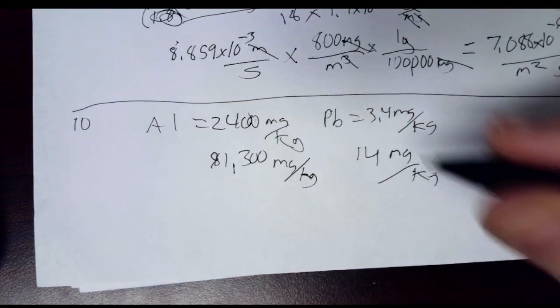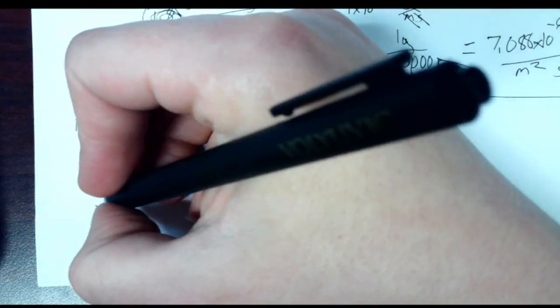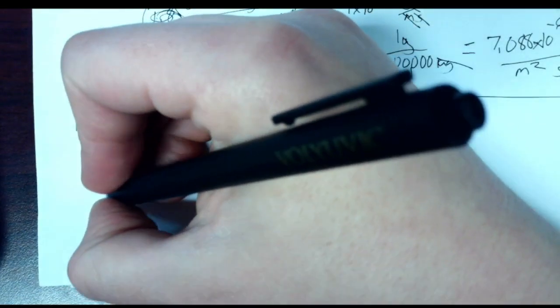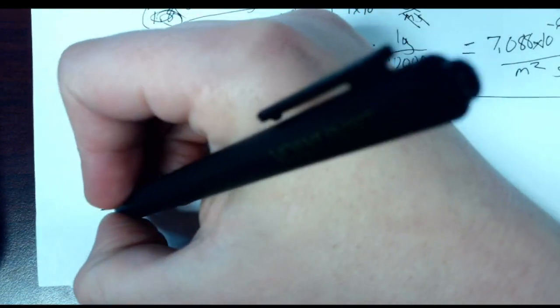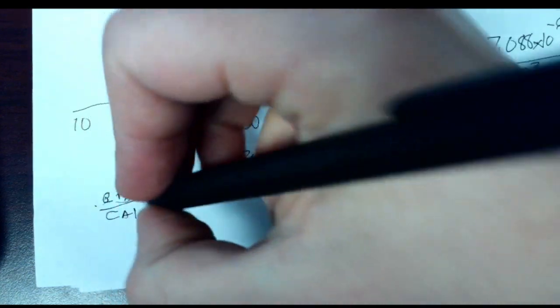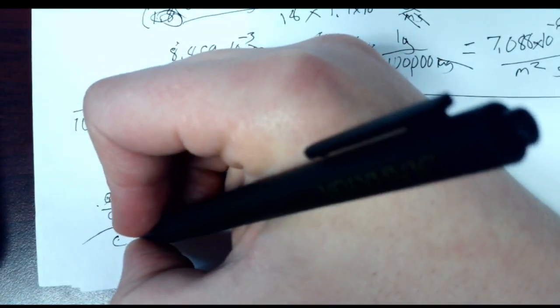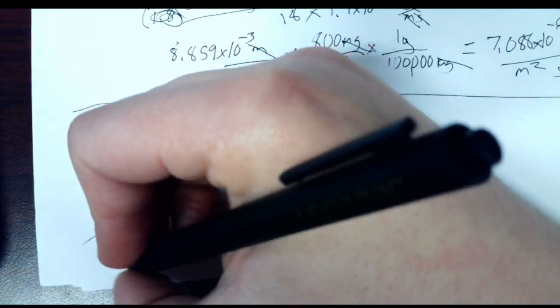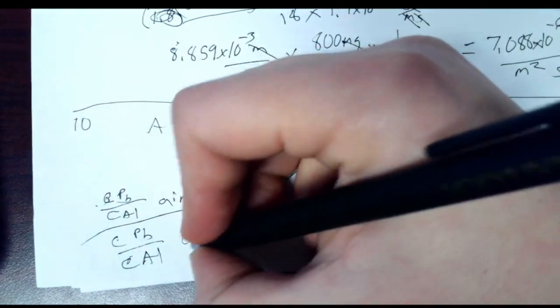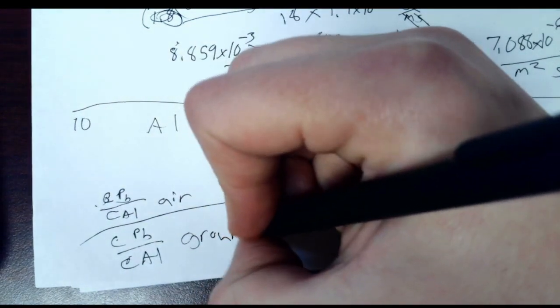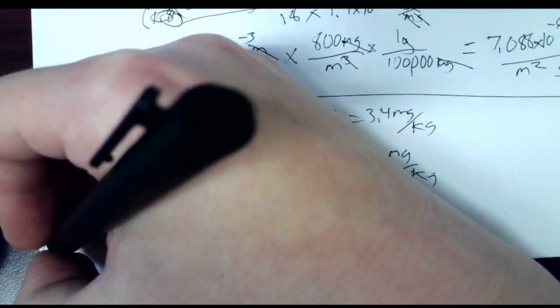My equation is really just the concentration of lead over aluminum in the air, divided by the concentration of lead over aluminum in the ground. That would give my concentration factor.